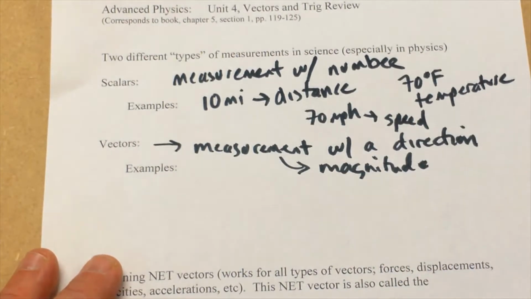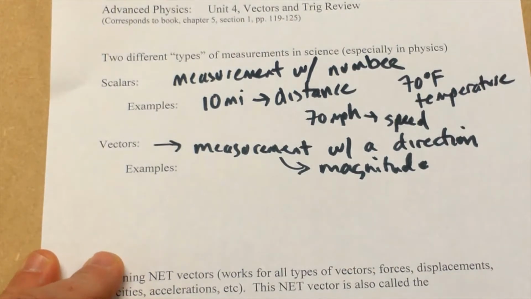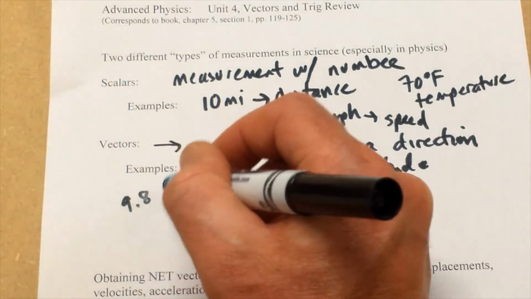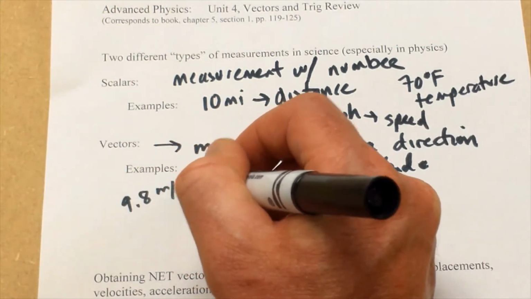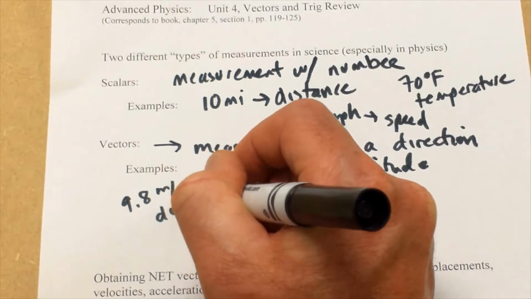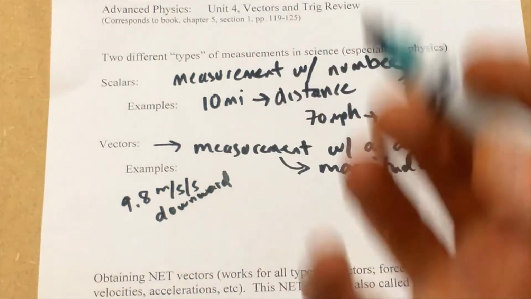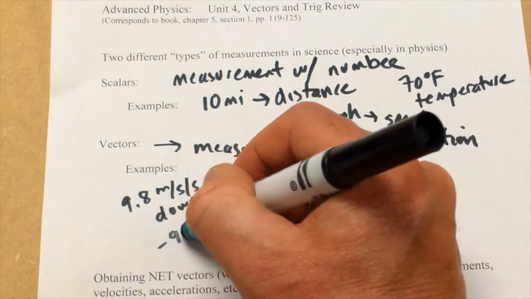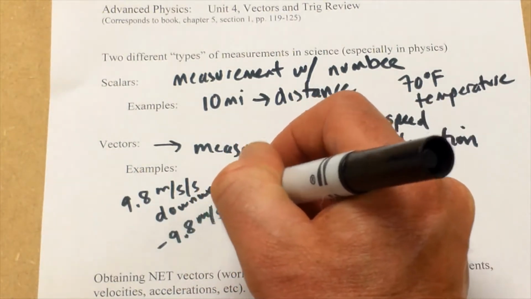So one of the things we just studied was gravity, free fall. Now, we said that gravity acts at 9.8 meters per second downward. Gravity's pulling things downward to the earth. We could also say negative 9.8 meters per second.